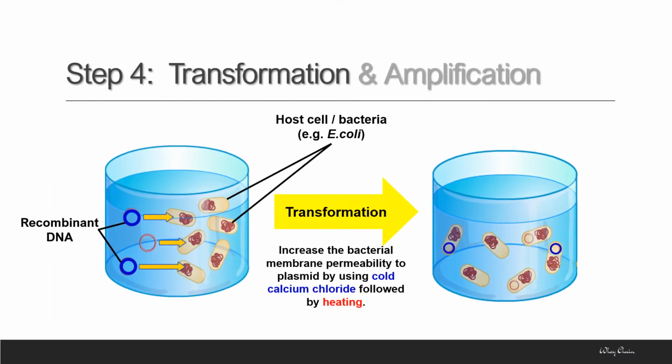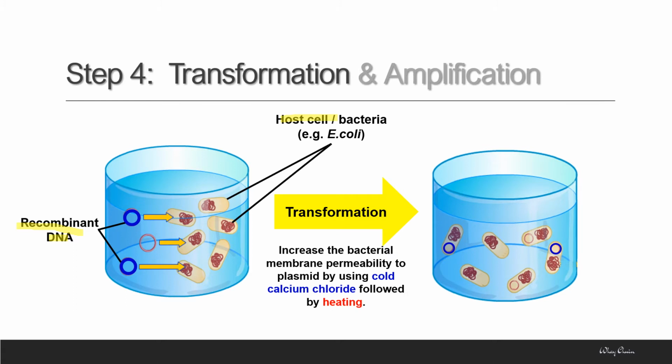I would like to start with the transformation, which is a process when the recombinant DNA or recombinant plasmid will be inserted into the host cell, which is actually the bacteria, for example E. coli, that was used in the first step during isolation.